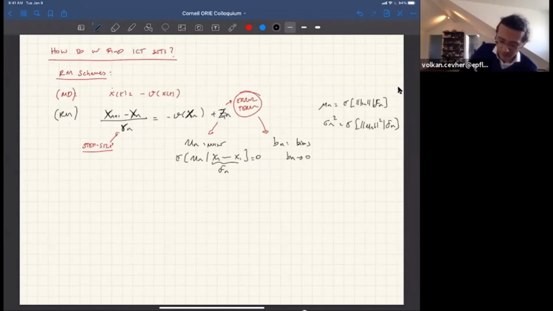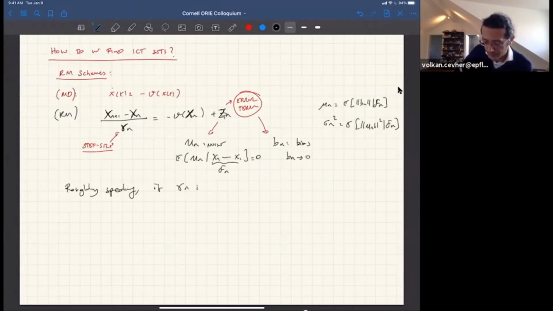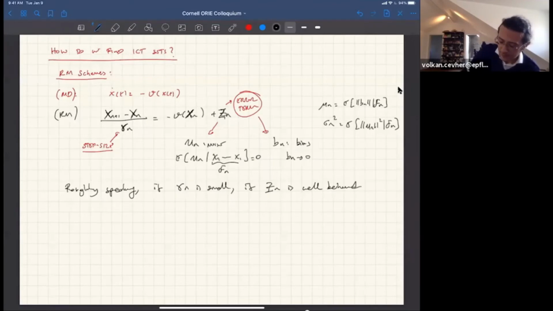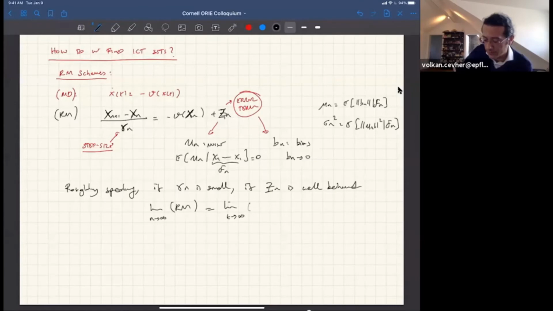Roughly speaking, if the step size is small, and if this error term is well behaved, the limit of the RM scheme is equivalent to the limit, as time goes to infinity, of the mean dynamics.